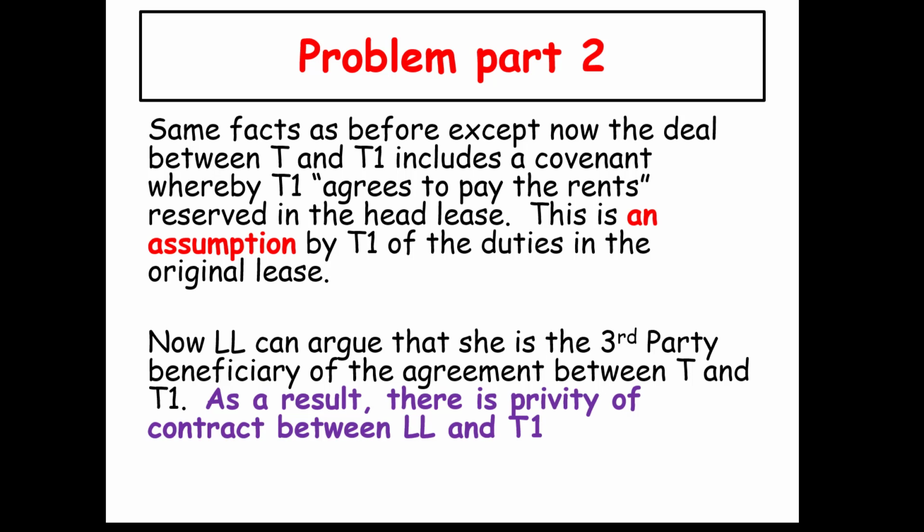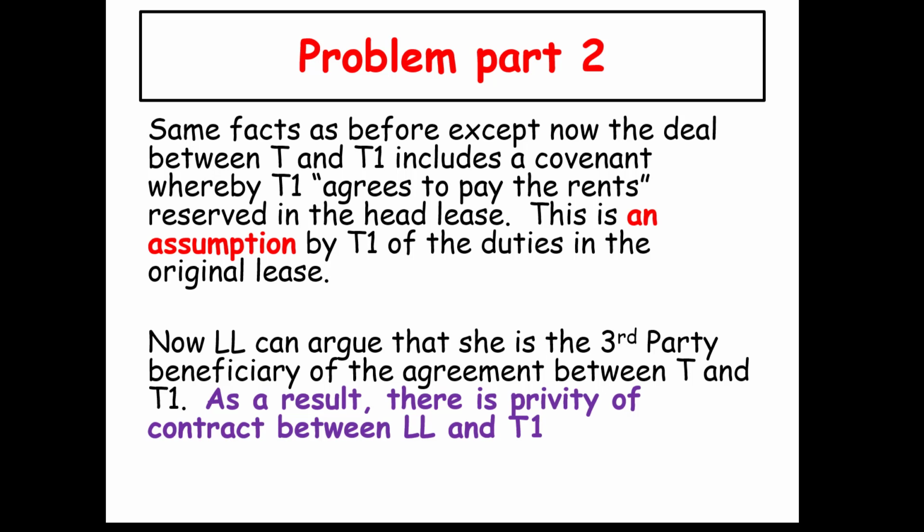If that written deal, the contract part of that deal, includes a commitment where the new tenant, T1, agrees as part of their deal with the old tenant to pay the rents reserved in the head lease. And what that means, that's just fancy language for the rent in the original agreement between the landlord and the old tenant.